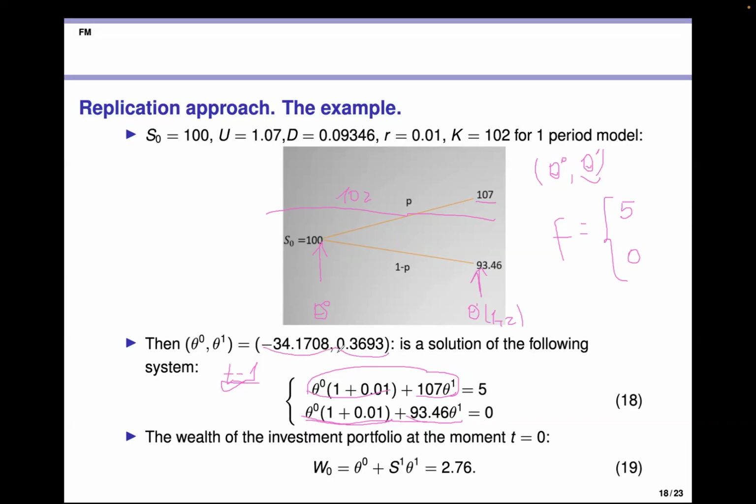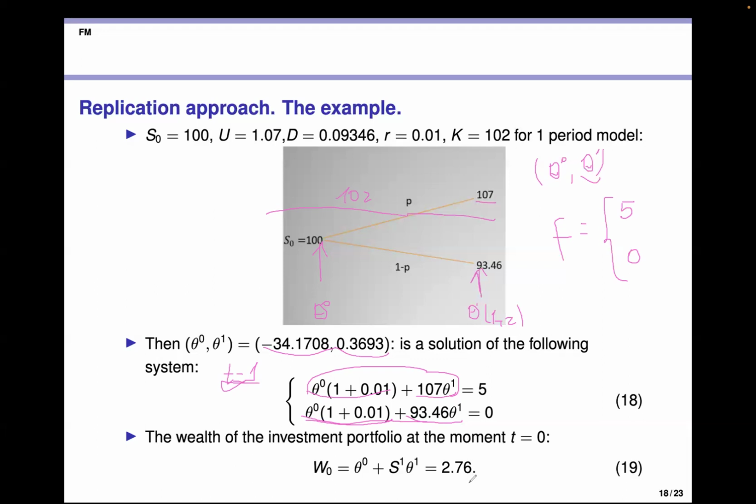Then we can find the wealth of the portfolio at the initial moment: theta 0, which is minus 34.17, plus S0, which is 100, multiplied by theta 1, so 36, and it should be 2.76.